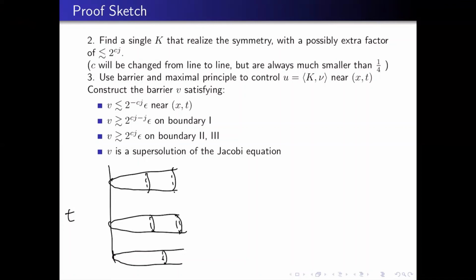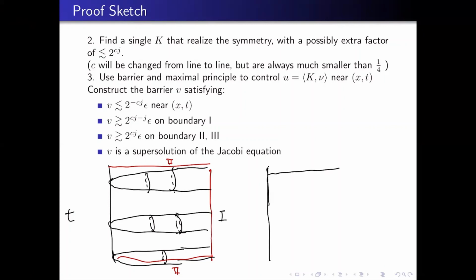And the previous statement says that if we are getting far away from the line, then we are able to get more symmetry. So I would call this boundary 1. And I would call this boundary, boundary 2. And I would call the other boundary, which corresponds to an earlier time, boundary 3. So we should have a similar picture, but the picture should have been shifted to the left.